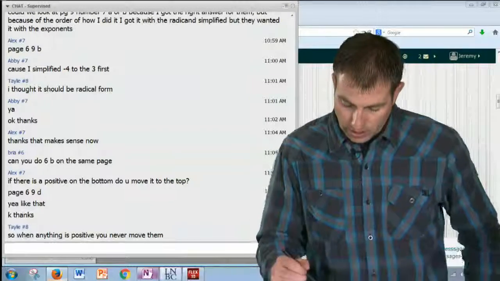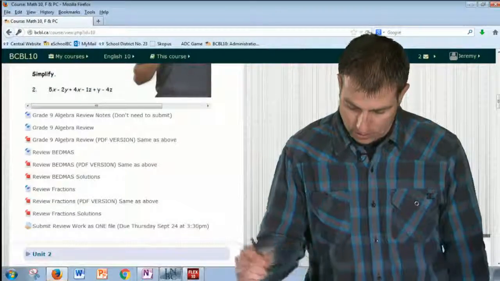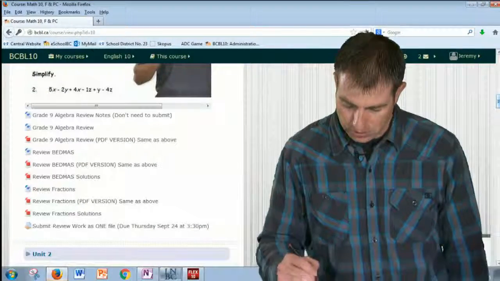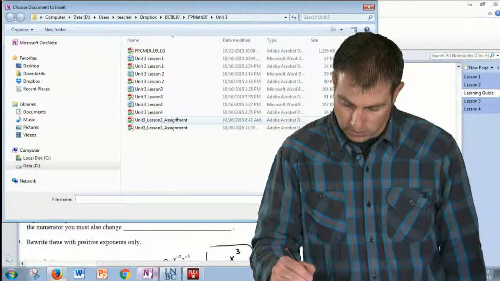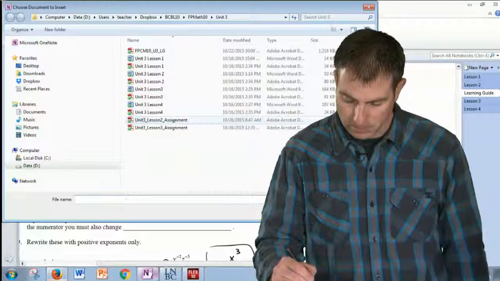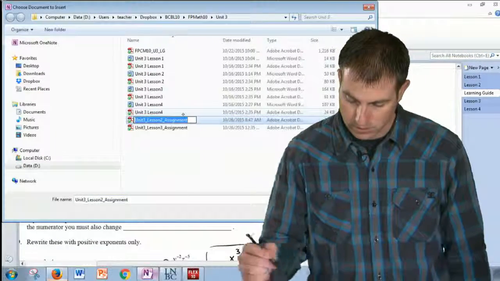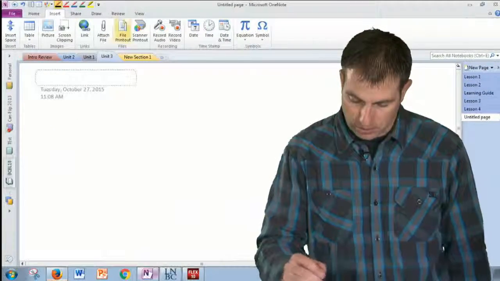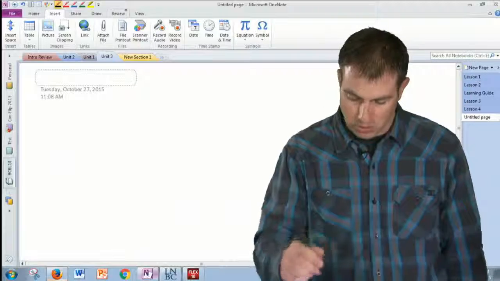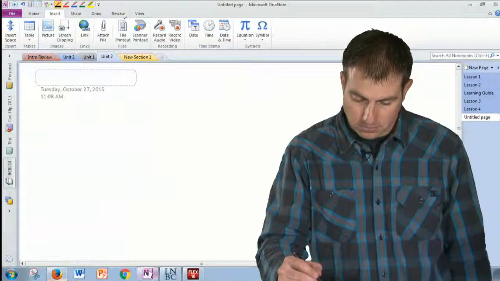So that's kind of that. I just want to take a peek into the course, and actually I might have access to it from here. See if I can do it. Lesson 3, Unit 3, Lesson 2 assignment. Let's look at this. I'm just going to bring up the extra practice, and maybe I'll do a couple of the tricky questions out of it.